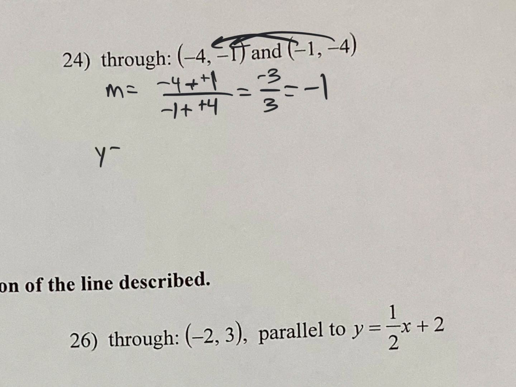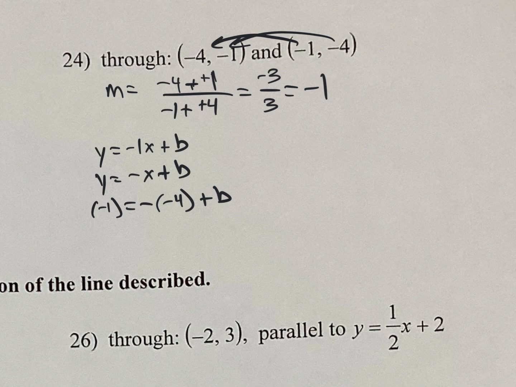So you would write y equals negative 1x plus b. All right, so that's y equals negative x plus b. And you all understand that that negative 1 is still there. So now we substitute one of the numbers. Again, it doesn't matter which coordinate. I'll put the first one in this time. So y is negative 1, x is negative 4, plus b.